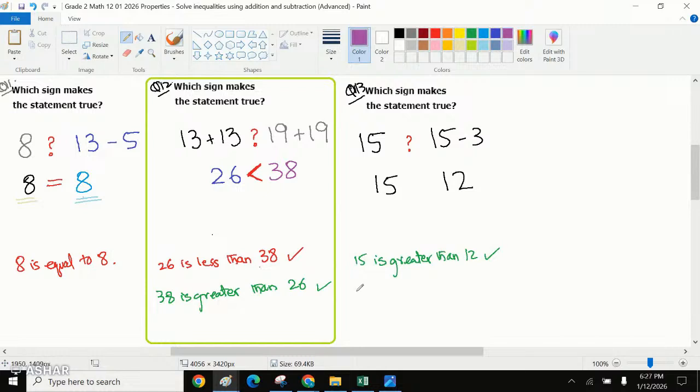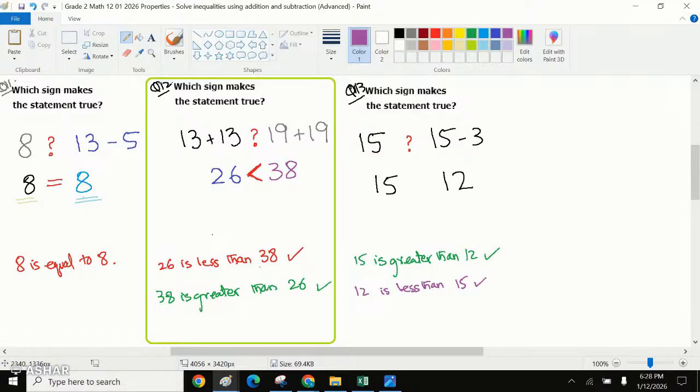Or can we also say that 12 is smaller than, or 12 is less than 15, right? Both of these statements are true. That means the sign would be, what should we write? How can we write this? 15 is greater than 12.